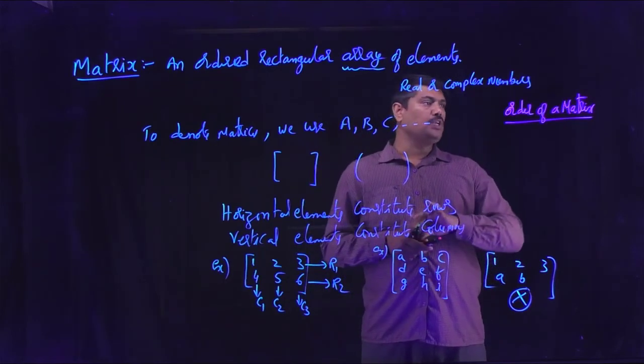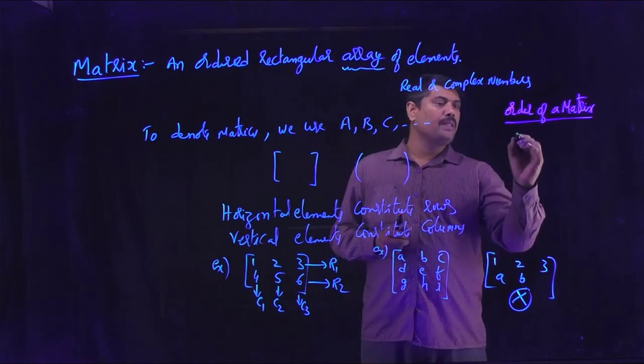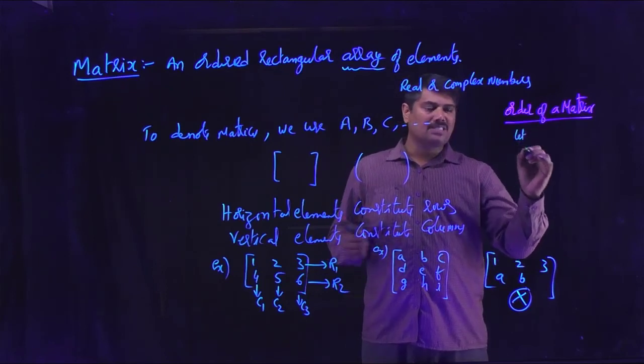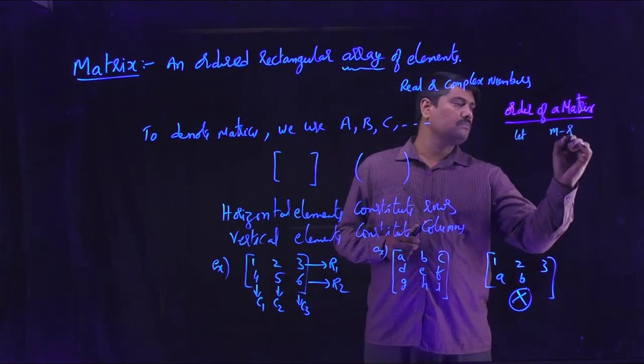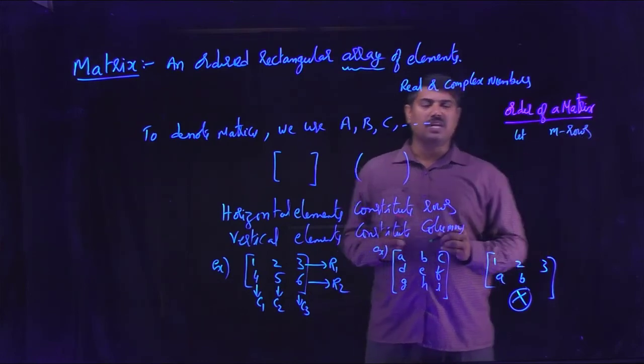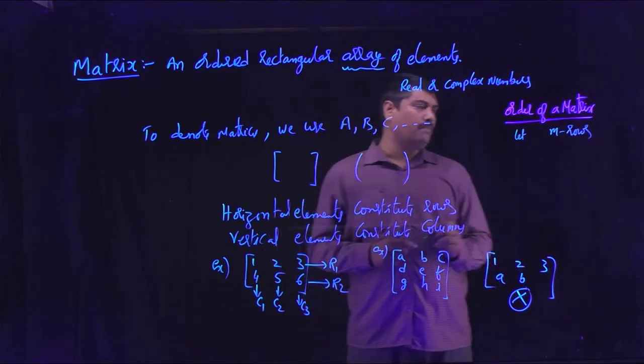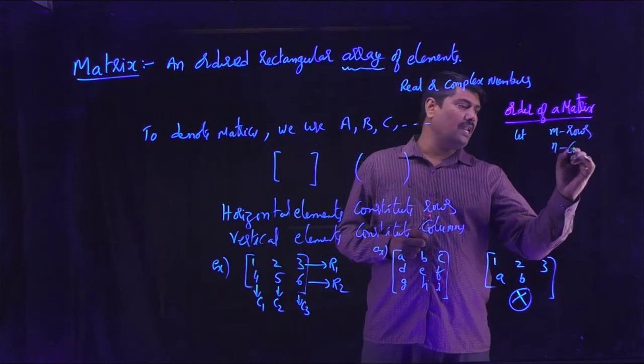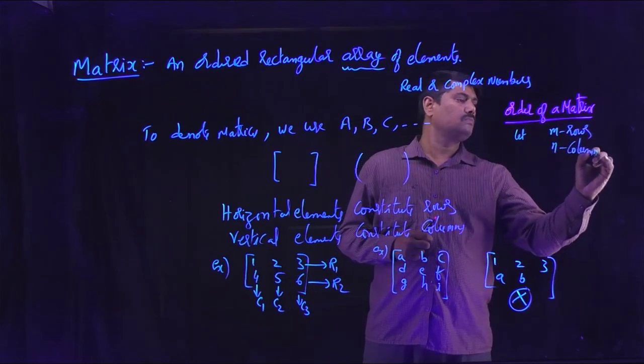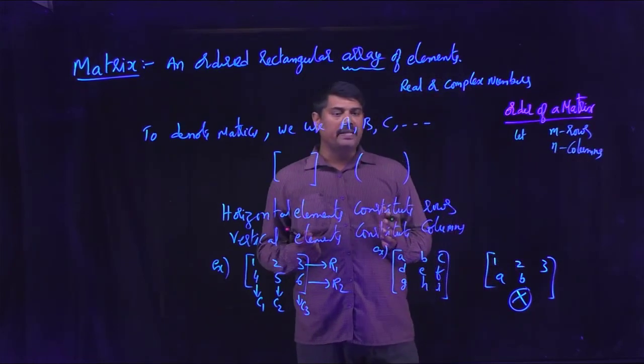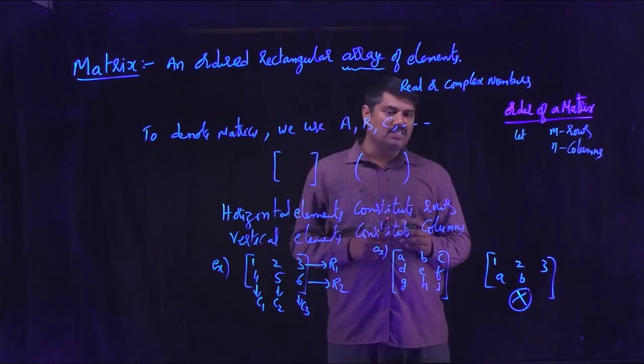The definition of order of a matrix: let a matrix contain m rows and n columns.